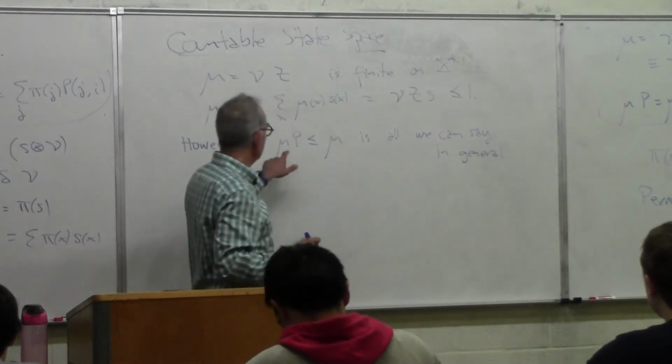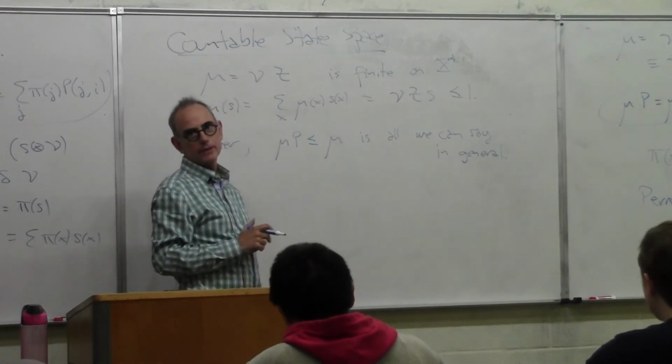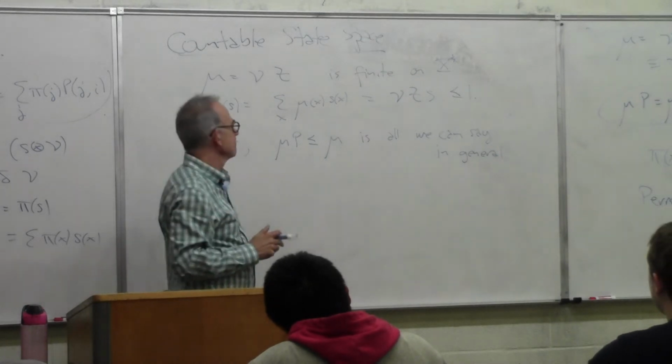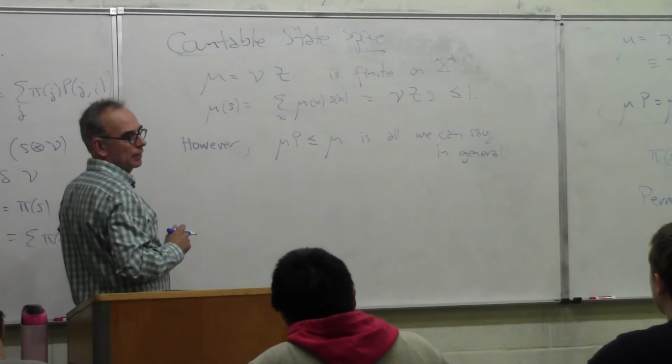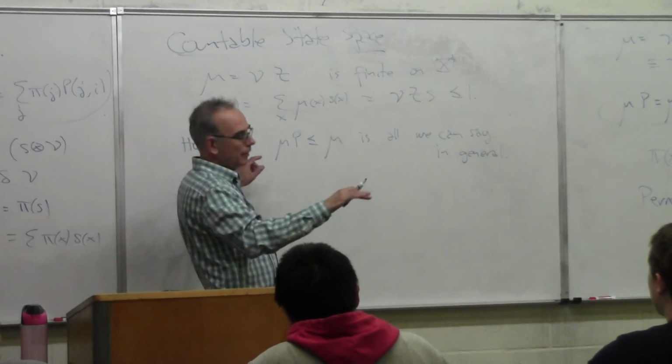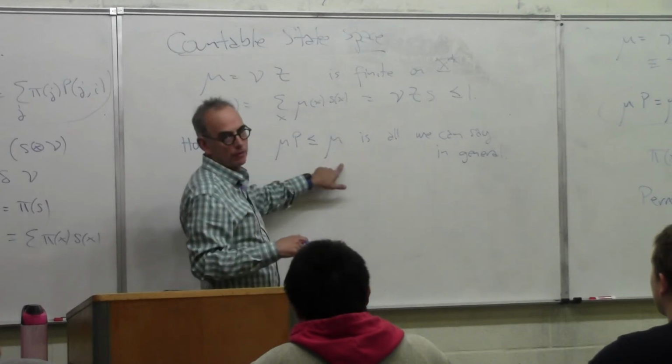When I hit mu by P, I get a vector whose components are less than mu. So mu is a row vector, and when I hit mu by P, I get another row vector, and the components are less than that.